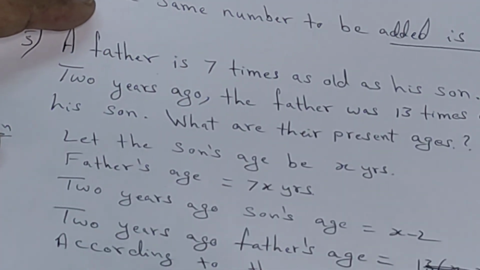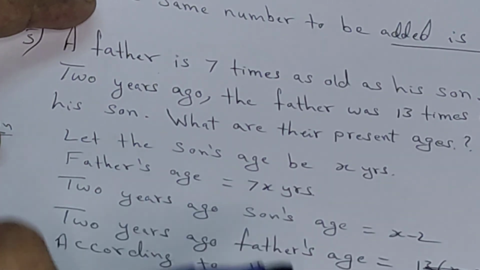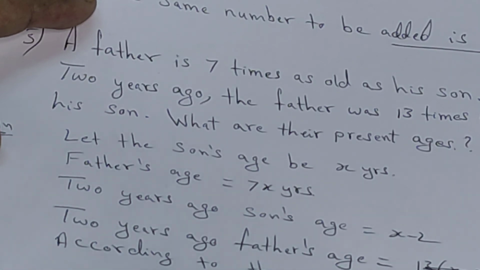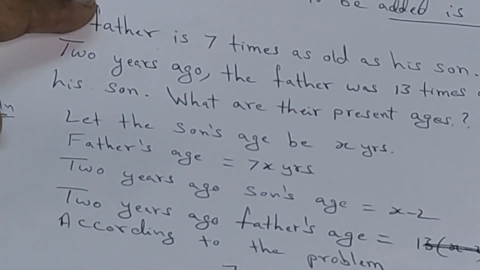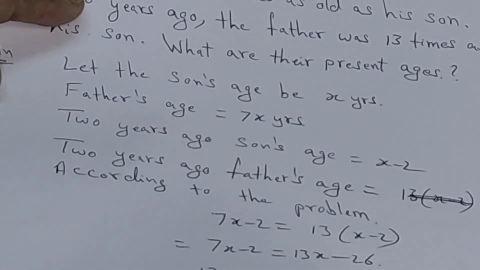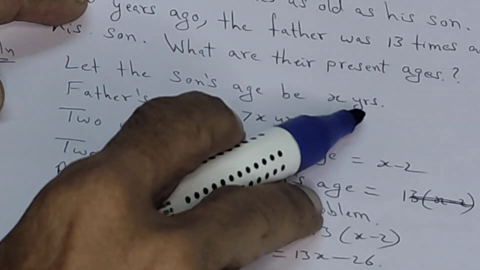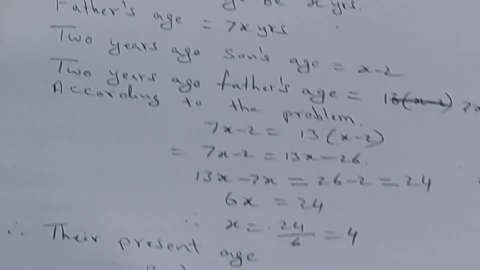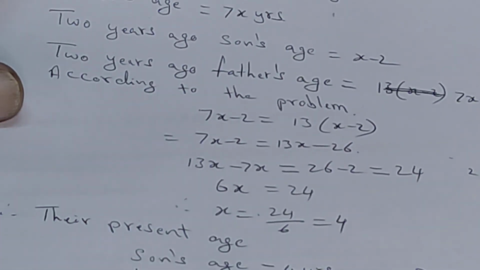Okay. So now the equation is already framed. Now you need to solve the equation. So 7x minus 2 is equal to 13x, opening the brackets, minus 26. Solving this, I get x is equal to 4. Now, when I got the value of x is equal to 4, that means son's age, as I assumed, present age is 4 years, and father's age is 7 times more than his son.